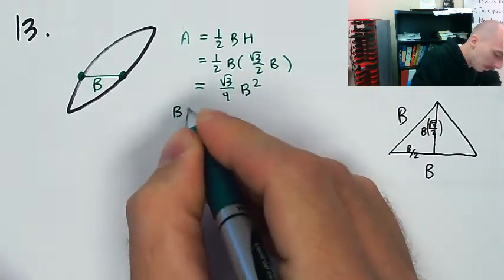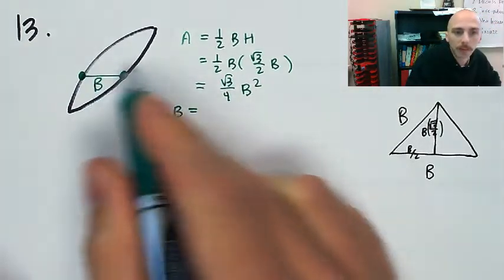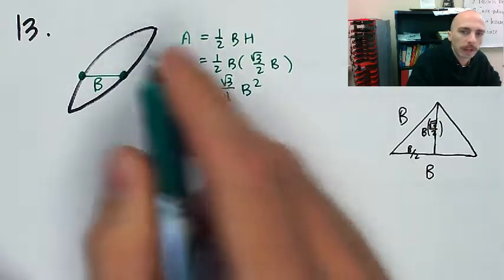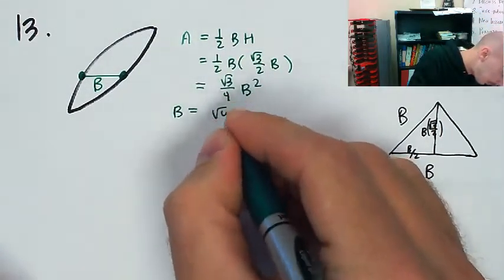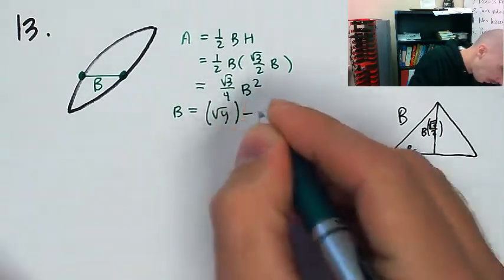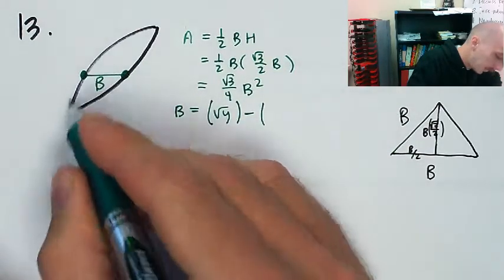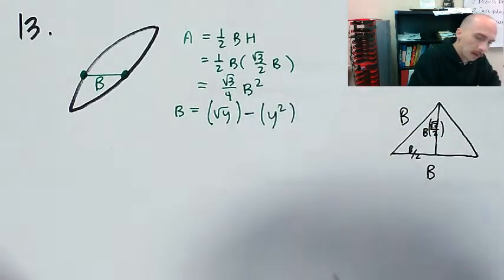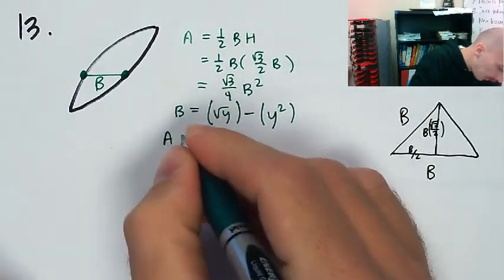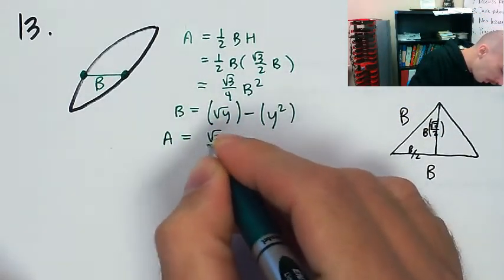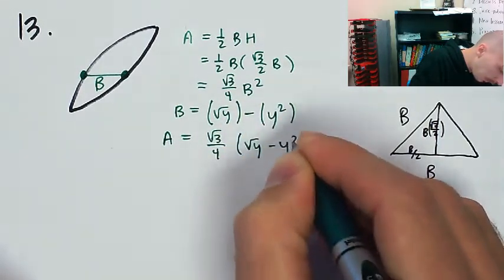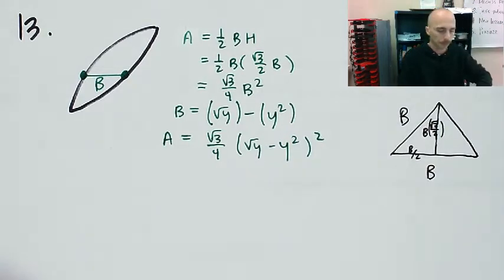Now I need to write base as right minus left, because it's horizontal. On the right I have y equals x squared, so that's x equals square root of y. Minus, on the left I've got y equals square root of x, so that's x equals y squared. And so now finally my area formula is going to be root 3 over 4 times square root y minus y squared, squared.